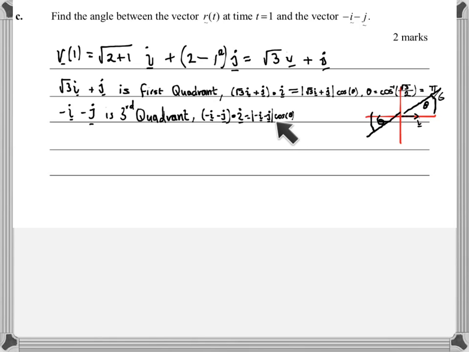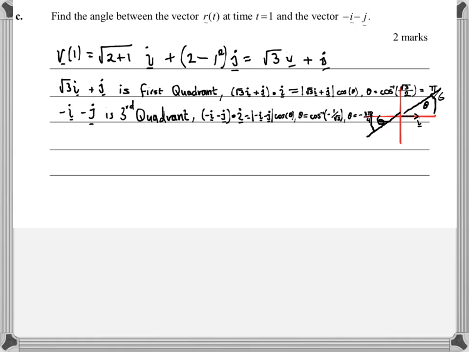So you imagine there's a 1 right there between this modulus and cos theta. That's not going to change much. And so theta, once we evaluate that, we're going to get the inverse cos of negative 1 on root 2, which is negative 3 pi on 4.